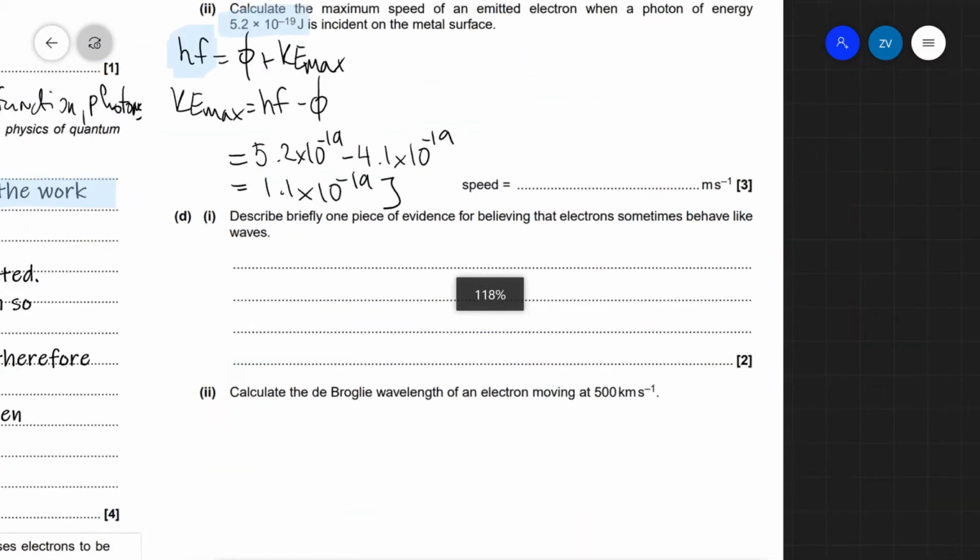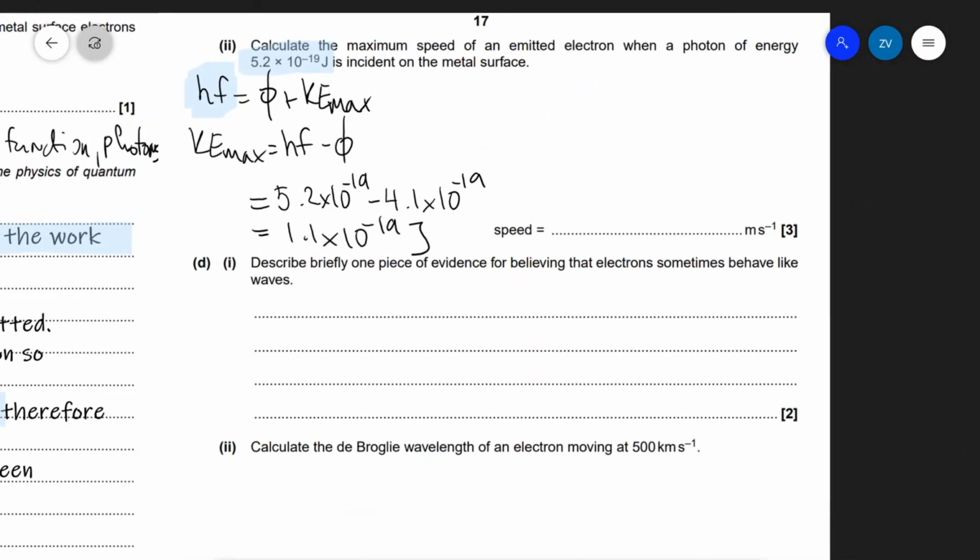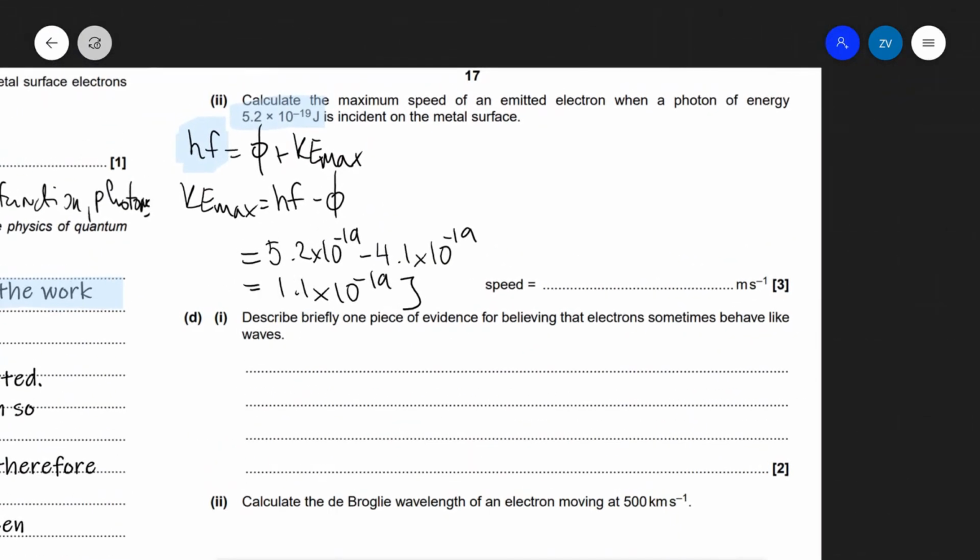What I'm going to do next is just use the equation for kinetic energy to solve for the speed of that electron. So I'm going to say that K max is equal to half mv squared, which means that v will be equal to the square root of 2 K max divided by the mass.